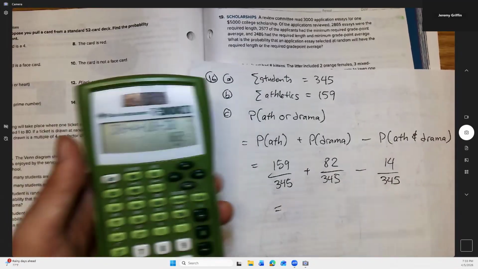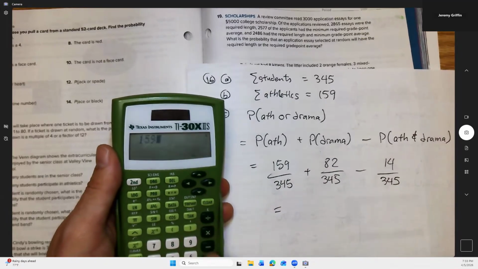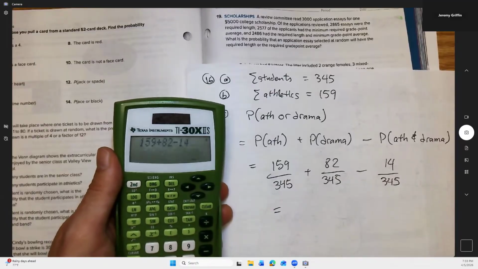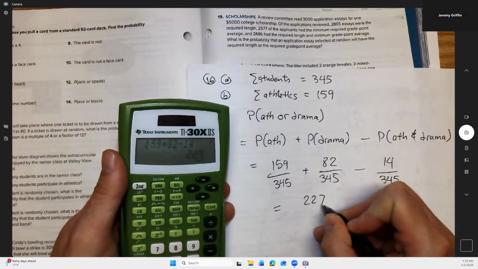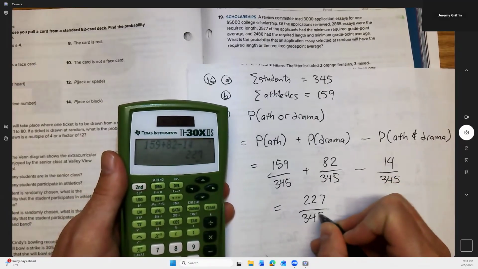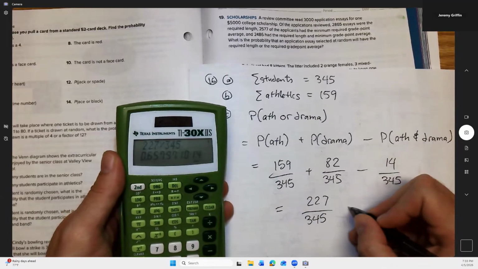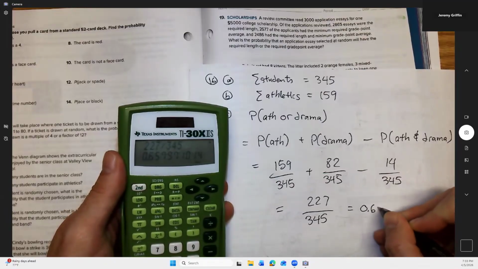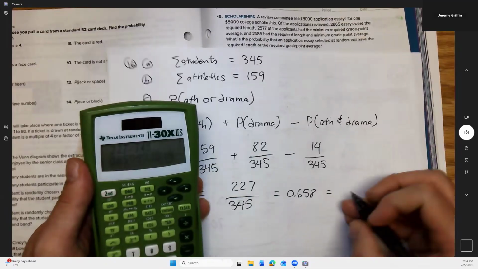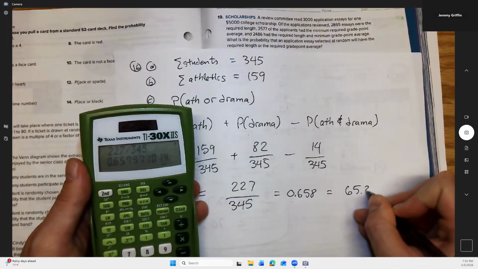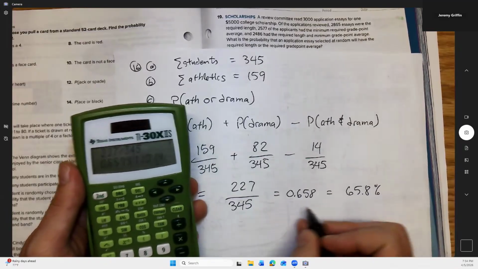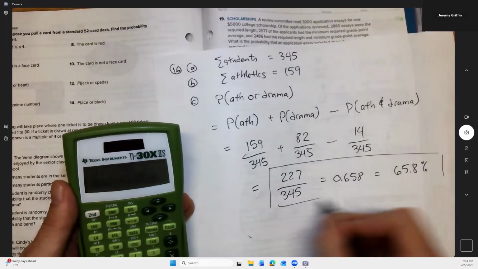Let's see what I get. What's 159 plus 82 minus 14? So I'm looking at 227 students out of 345. And if you want to make that a decimal, that's 0.658. And as a percentage, 65.8%. So there's 3 different ways to write that answer.